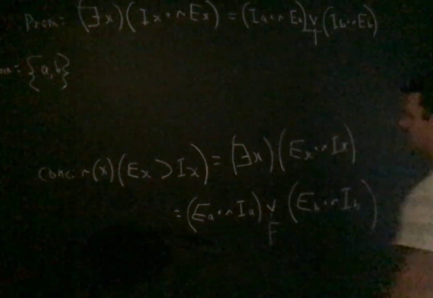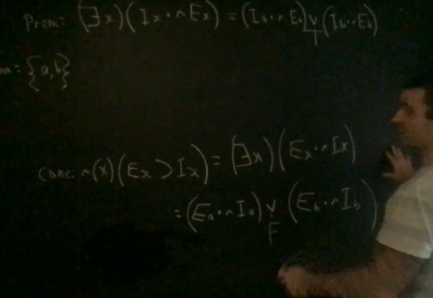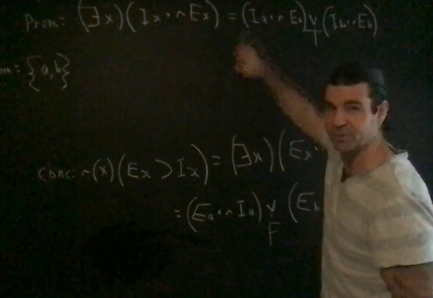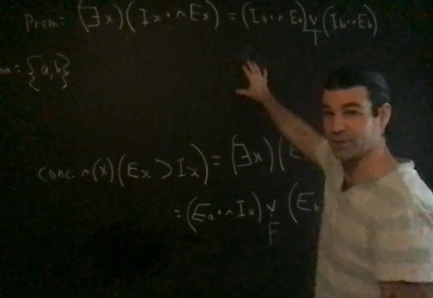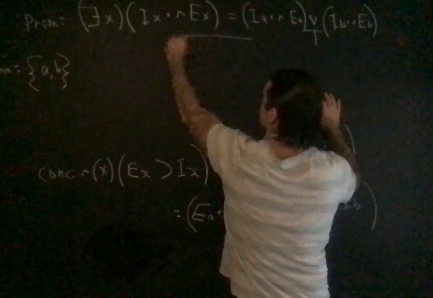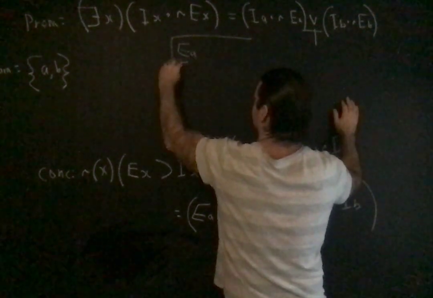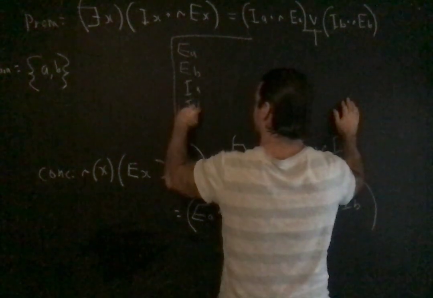Right? We just need to find an assignment of truth values to the parts. So in your answer, what you do is you give me a table. I'm just going to put it up here in the middle, which you shouldn't do on the page. Put it maybe on the bottom, just so you can see it. So here's my table. This is me looking for a counterexample, right? EA, EB, IA, IB.